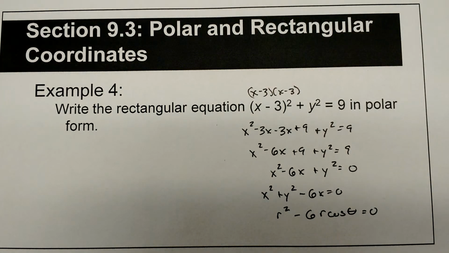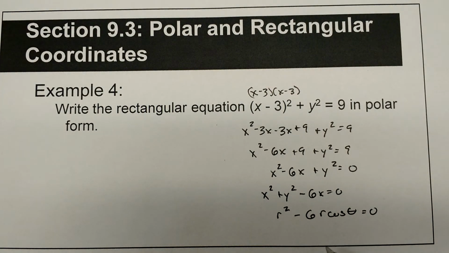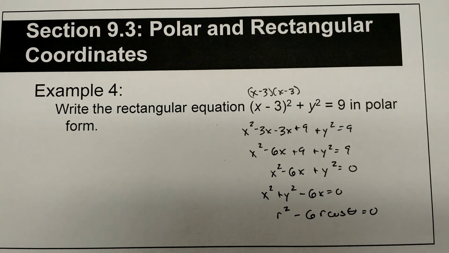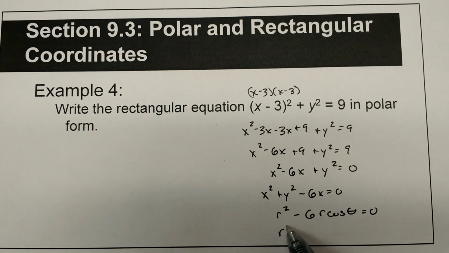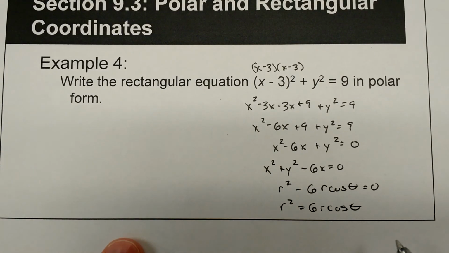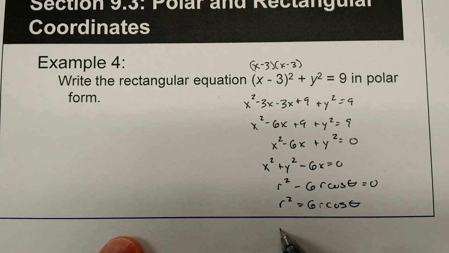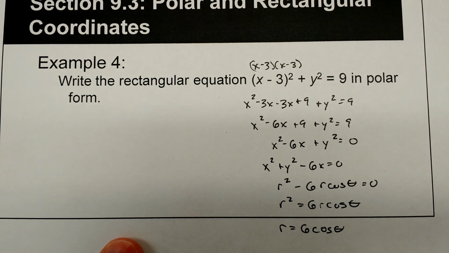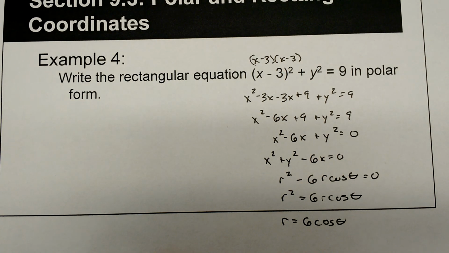No, actually you can't solve for r, because you have that r squared. So this would be your solution. And I guess technically you could do this, r squared equals 6r cos theta. And then cancel an r, divide both sides by r, r equals 6 cosine theta. And that would get you back to the same place, so r by itself on the left. So that's the solution for the last example.